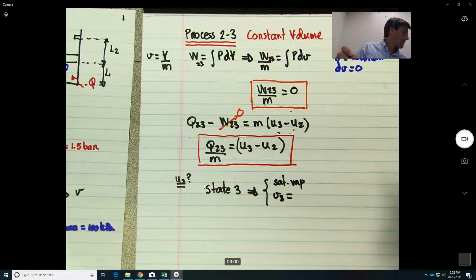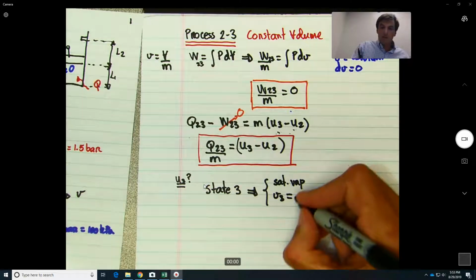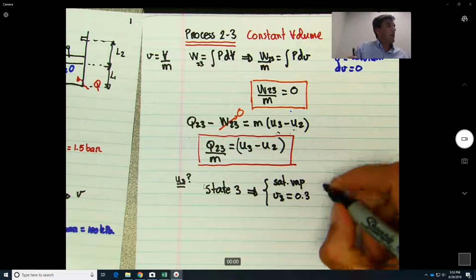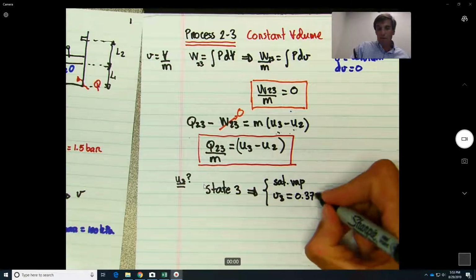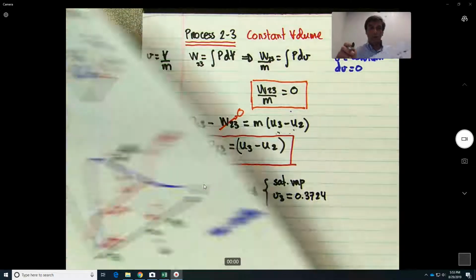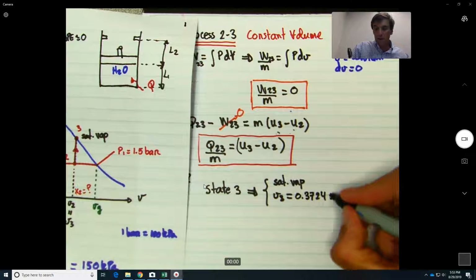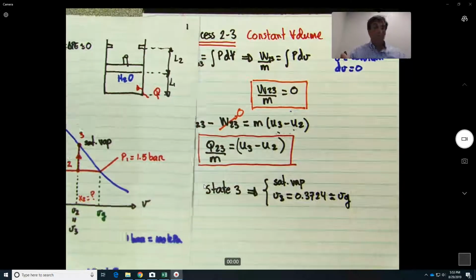let me see if I can find it in one of the previous pages, 0.3724. Okay, but because it's on the saturation line, this is basically Vg.